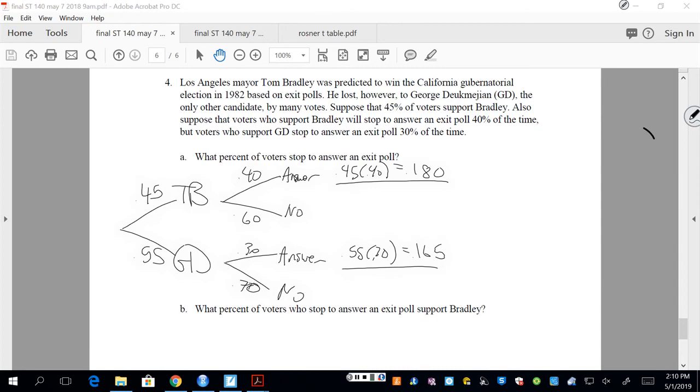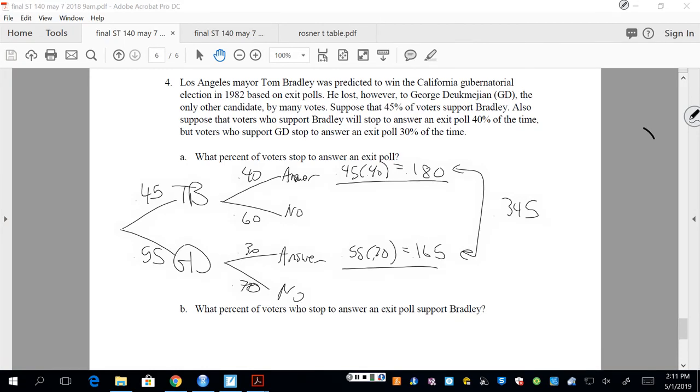If you add those two things together, you get 0.345. So a little less than 35% of people actually answer. The 0.345 is between the two fractions of 30 and 40, a little bit below 0.35 because there are more people at that lower rate.